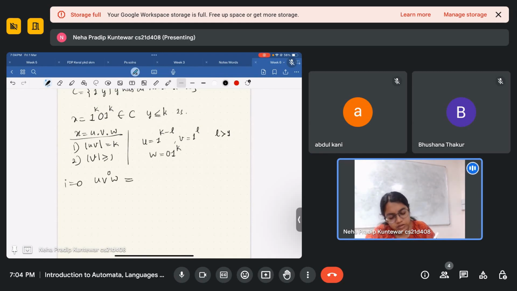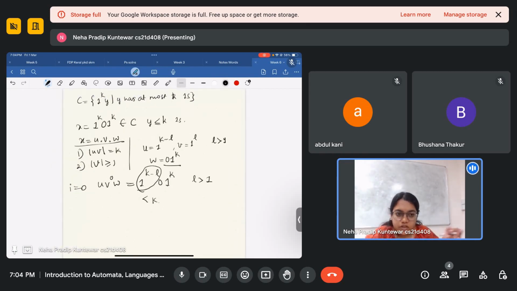So what is this string? This would be 1 to the k minus L followed by 0 followed by 1 to the k. And since L is strictly greater than 0, the number of ones here is strictly less than k. So that is clearly not the language that we wanted.